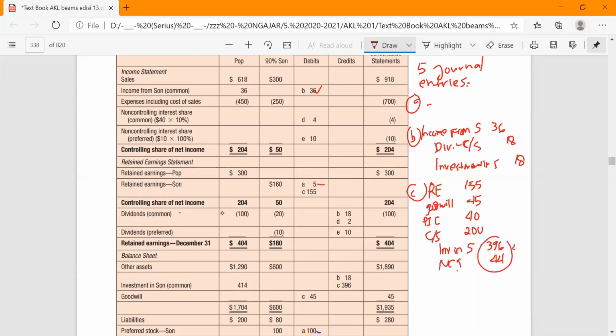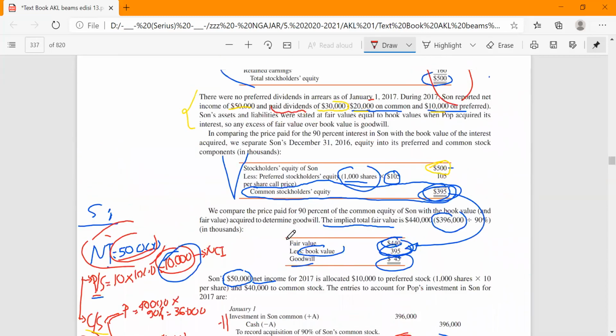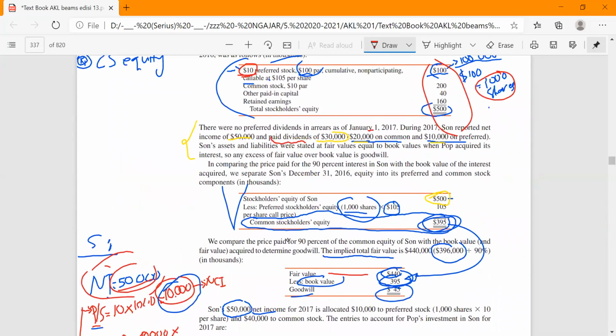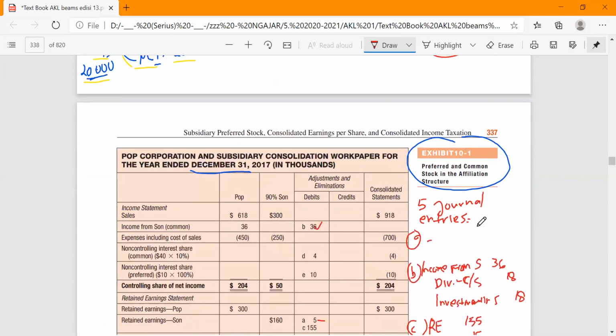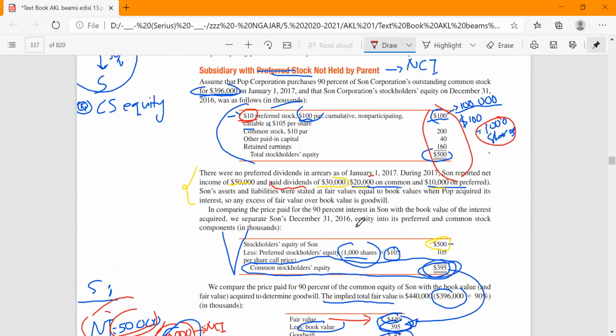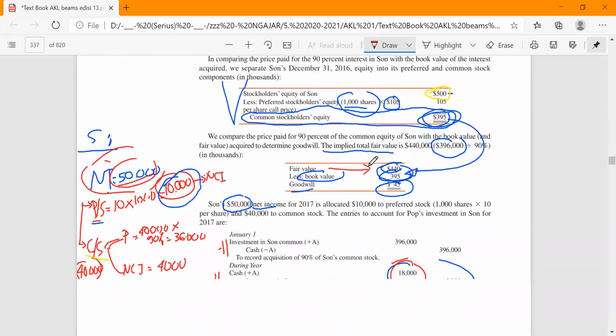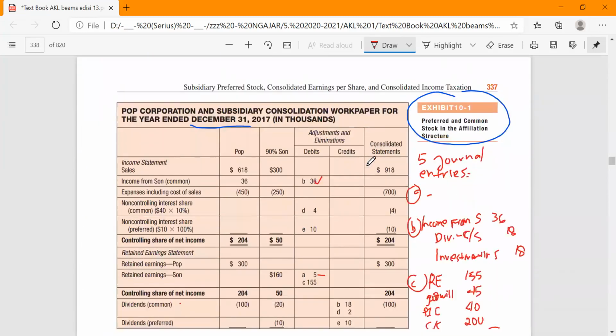So the total is this number, right? The implied fair value. And then this is the information about the common stock, and this is information about the paid-in capital. And then, okay, we go to the next journal.